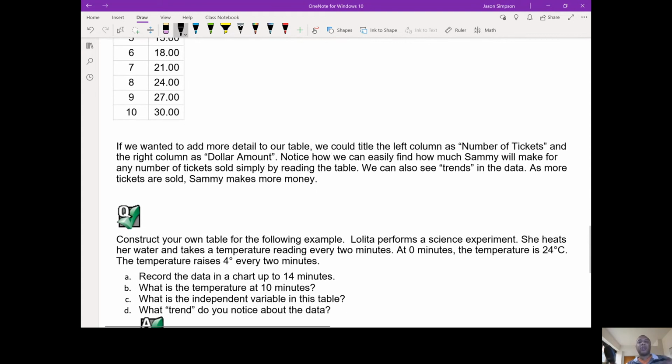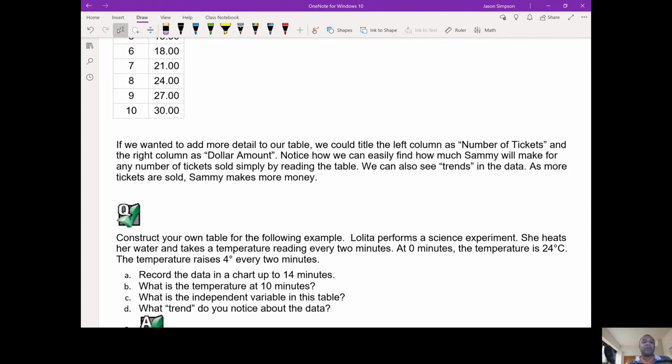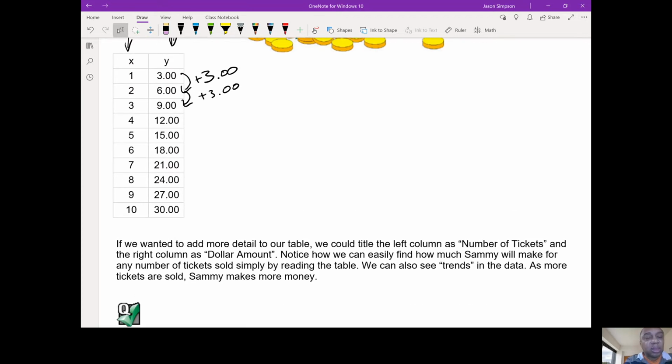Now, here's a question for you. If you knew the cost, do you think you could find the number of tickets? Let's look. Let's say it was $21. How many tickets would they have bought? I would look at 21 and, oh look, it means I'm using 7.